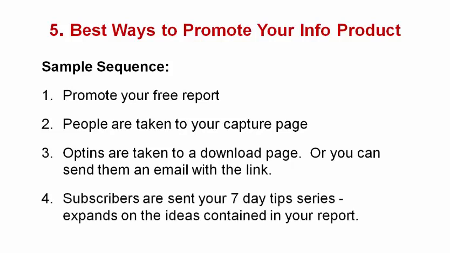An opt-in, if you're new to this industry, is another name for a lead or a subscriber. Subscribers, leads or opt-ins are sent your 7-day tip series, which expands on the ideas contained in your report. So every day for 7 days, they get another little piece of value. Okay? You don't start pitching straight away, unless there are exceptions to this.